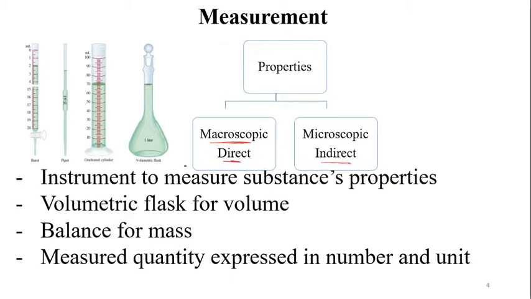An example of a direct method would be studying the volume, for which I can use a volumetric flask. And if I want to study the mass, I can use a balance. When I express any physical property, I express it as a number and a unit.